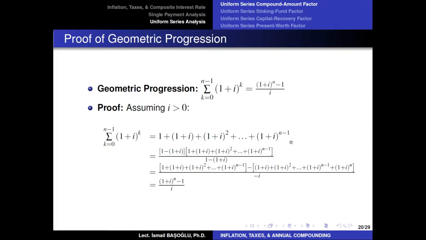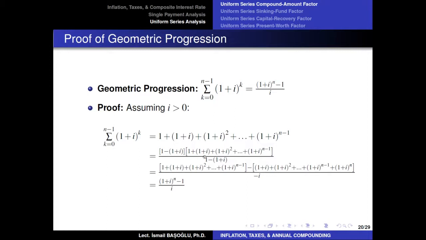Now, the magic trick here is to multiply this summation by (1 − (1 + i)) and divide it by the same value again. If we do that, the result will not change, because 1 − (1 + i) is basically equal to minus i. So we are basically multiplying this summation by minus i and dividing by minus i.